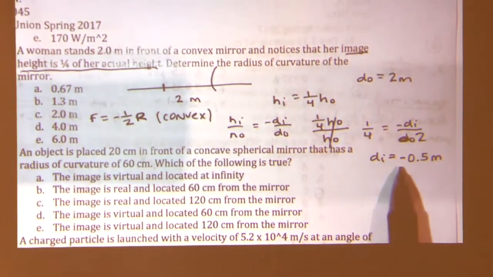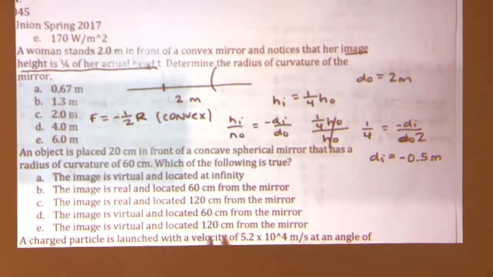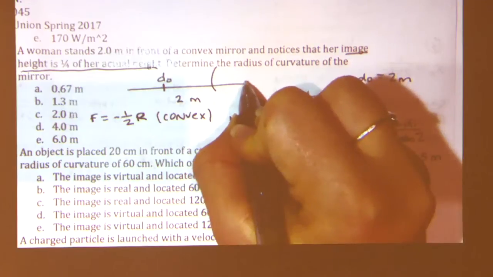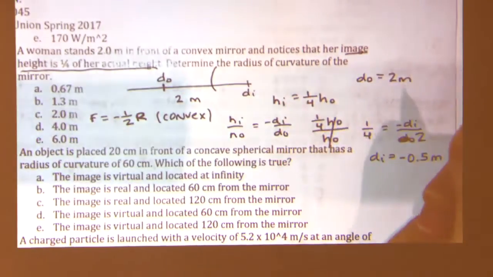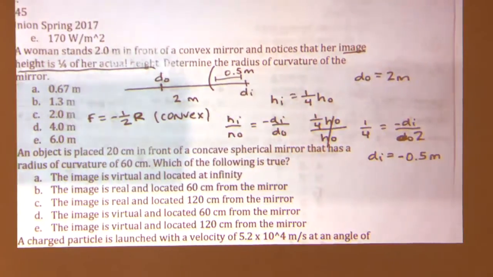And that negative is telling us that our distance of the image is behind the mirror. So this is our distance of the object, the woman, and this will be our distance of the image, approximately 0.5 meters. But the question wasn't asking for the distance of the image, it's asking for the radius of curvature.